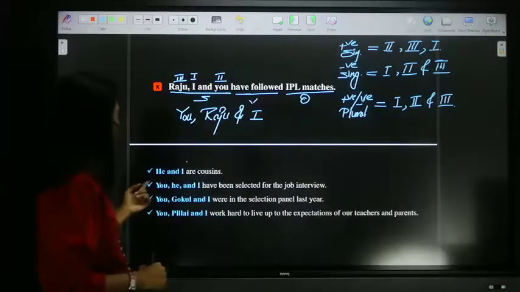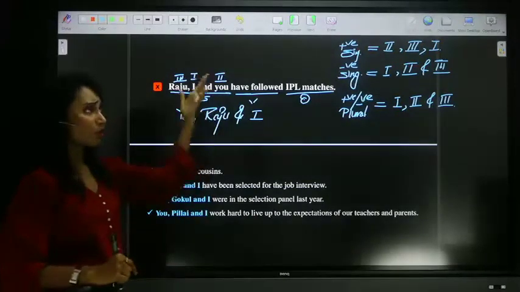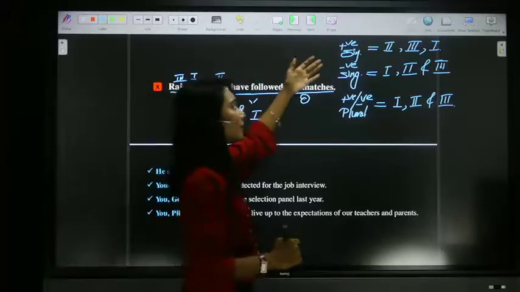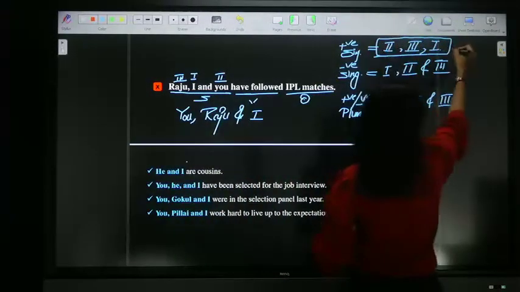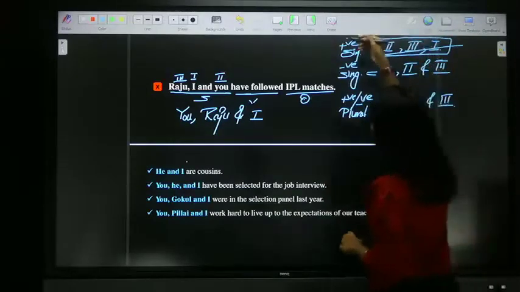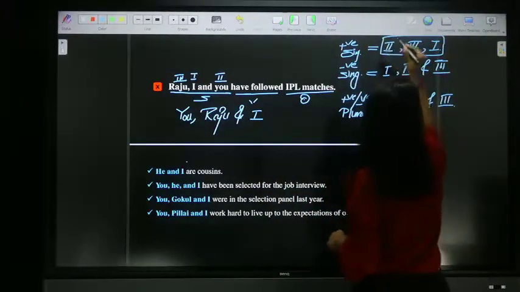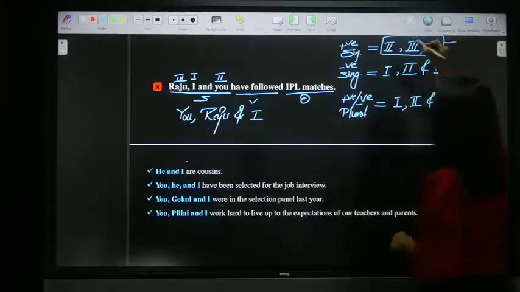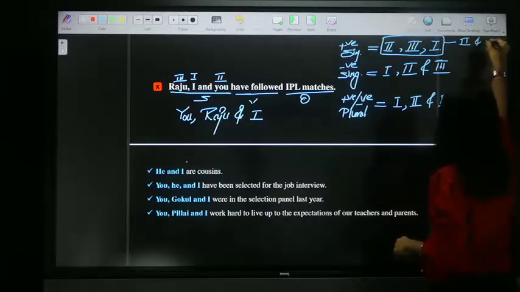Now look at these examples. He and I are cousins. When there is no other person, like if there are only two persons instead of three, you can go with the same order, but without the missing person. For example, if there are only second and first persons, then this is the order.